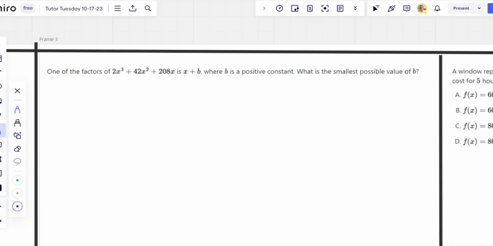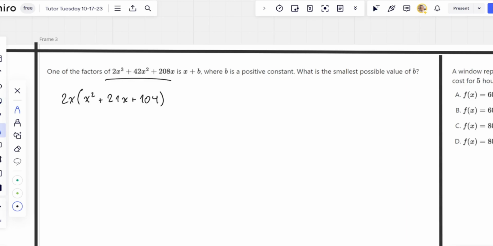I noticed that a common factor to all of these terms that were given is 2x, and then I'll get x squared plus 21x plus 104. And let me just keep it like this. This should be further factorable.